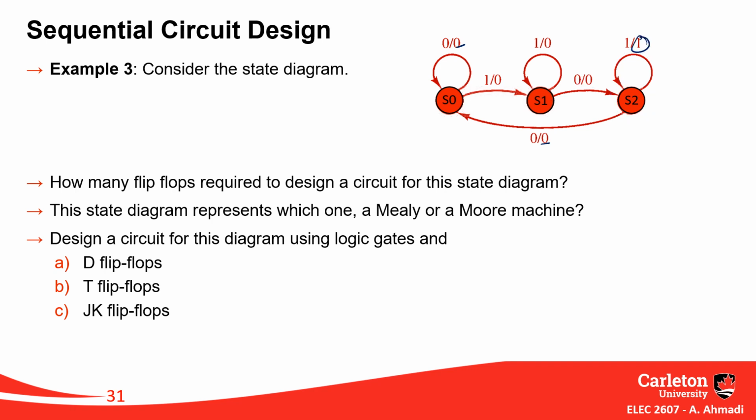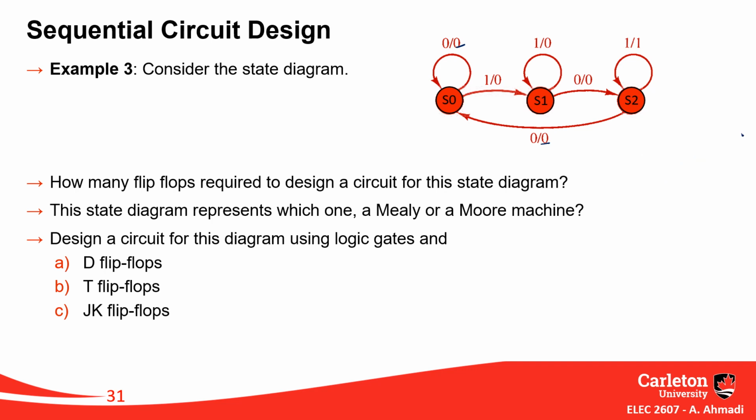So if you're at S2 and that's the only thing you know, you can't tell what the output is unless you know where you have been before, what the previous state was. It means the output depends on the input directly. So this is a Mealy machine. All right, so that's the other answer.